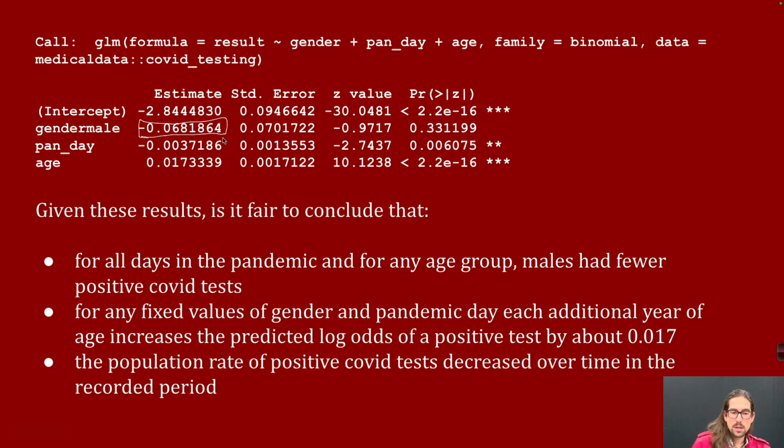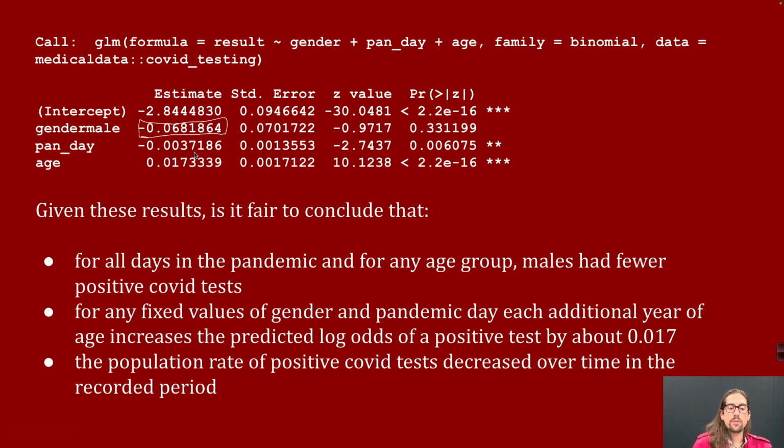Because this coefficient could be negative, for example, if the rate of tests were high and then it dropped a lot and then went up again, right? That could still have a negative coefficient. Moreover, this coefficient is conditional. So this coefficient reflects what the model thinks is happening for a fixed age group and for a fixed gender group.